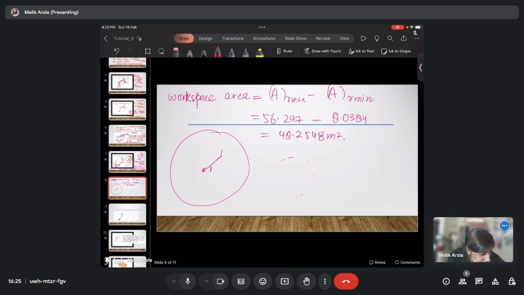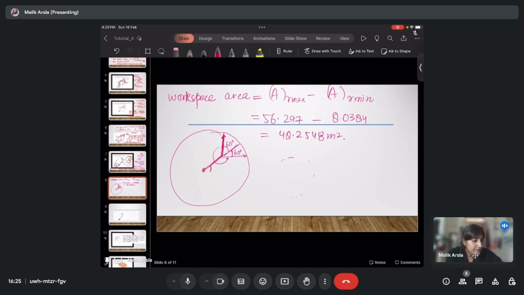But theta 2 cannot go below 60, so it has to be 60, then it can change to any orientation, and up to 300. Up to 300 means that this whole angle is 300, so this angle is also 60 degrees, then it will be 360. So the end effector can be in the orientation like this, and like this, it can cover the whole area.